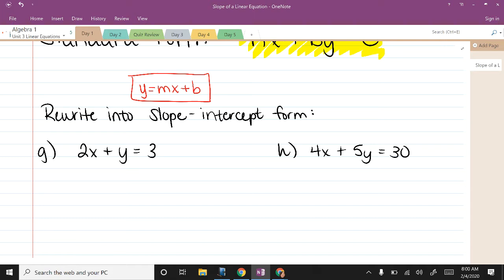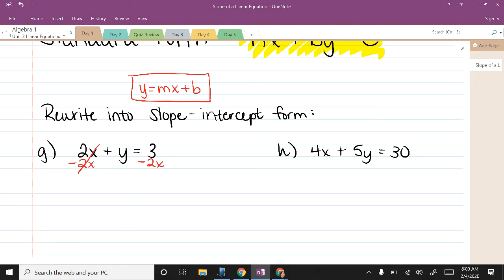So we will move everything that's on the same side of the equals with the y to the other side. So what's on the same side of the equals with the y? 2x. So it's a positive 2x, so it's being added. So how do I get rid of 2x? Subtract 2x. Now, when I subtract 2x, are the 3 and the 2x like terms? No, one's a constant. You don't have a variable.